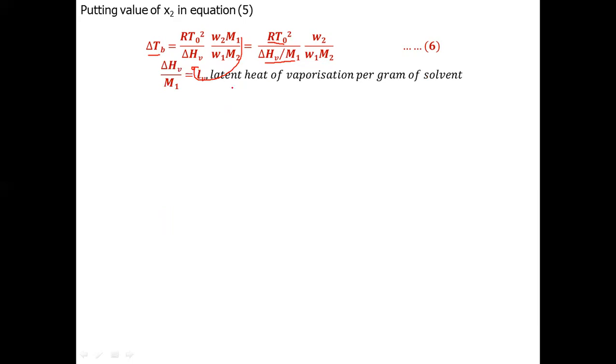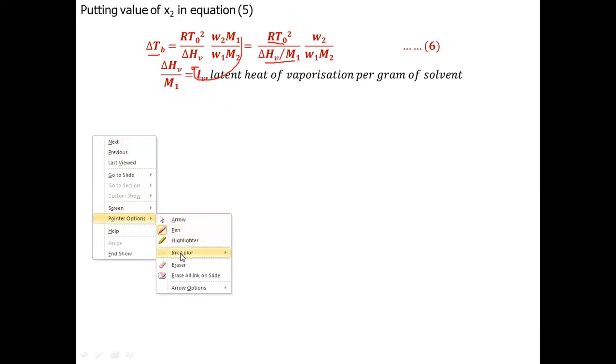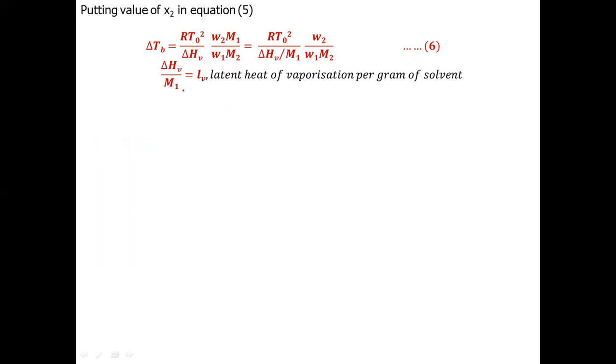Now this delta HV divided by M1 is LV, which is the latent heat of vaporization per gram. Now what was delta HV? Delta HV was the molar latent heat, meaning the latent heat for the solvent when we take the weight of solvent equal to its molecular weight.